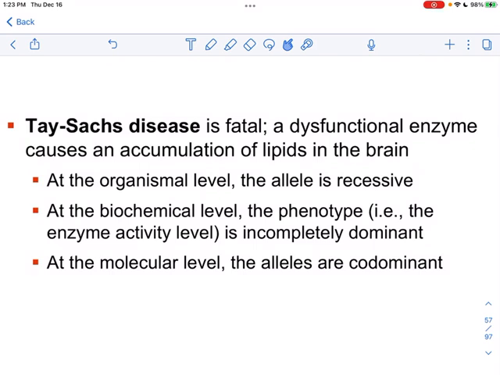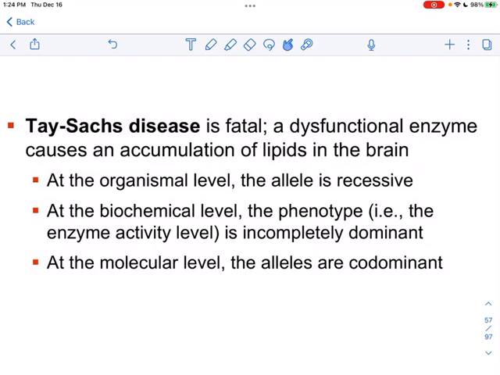If we have the recessive allele, it does not code for a functional enzyme. It actually carries a mutation that causes the enzyme to be built improperly, and so that enzyme doesn't work, and those cells end up accumulating lipids, and this is especially true of brain cells.